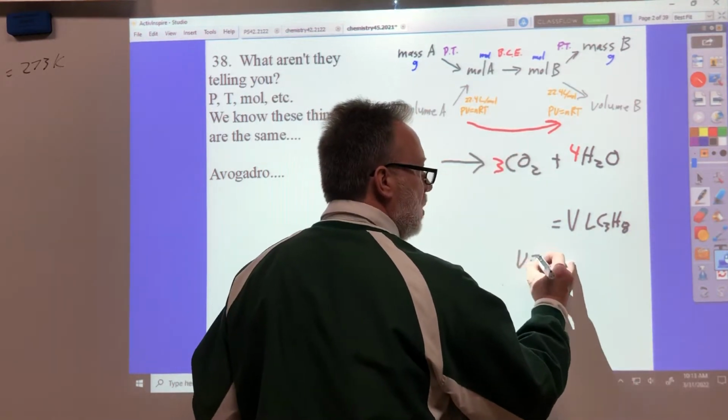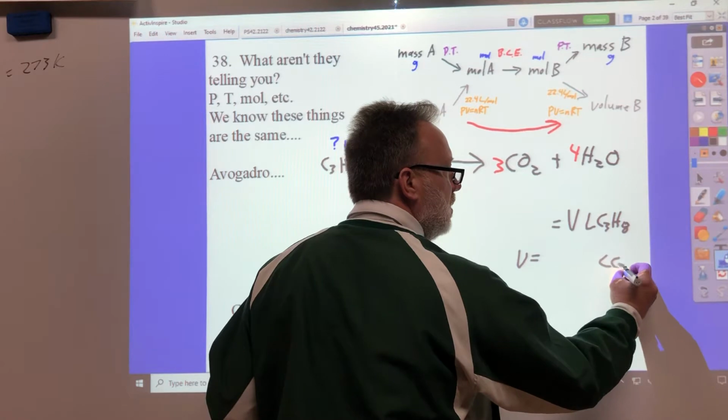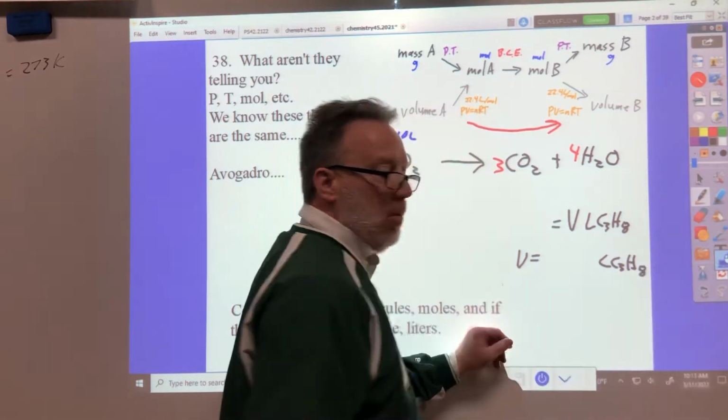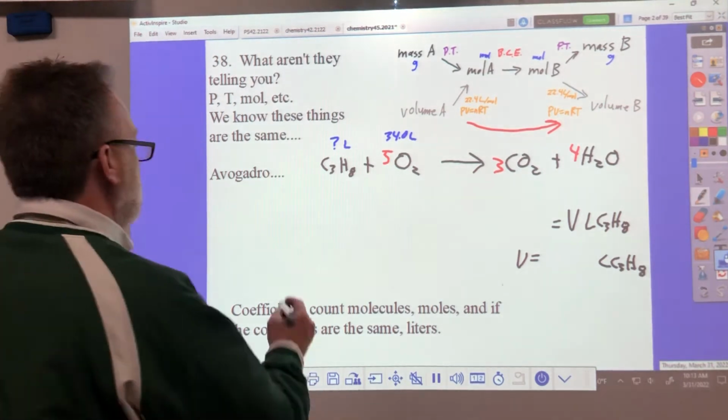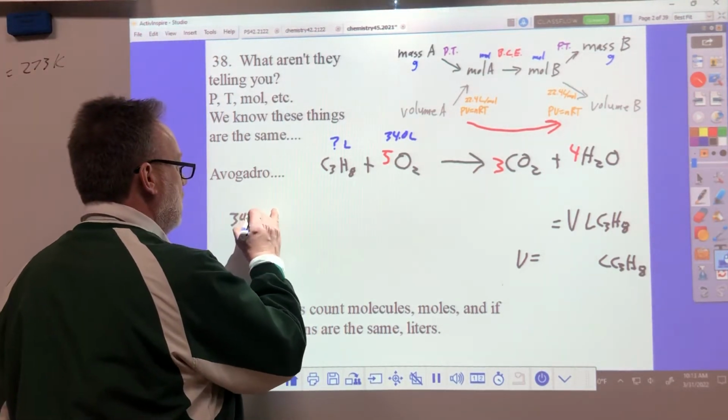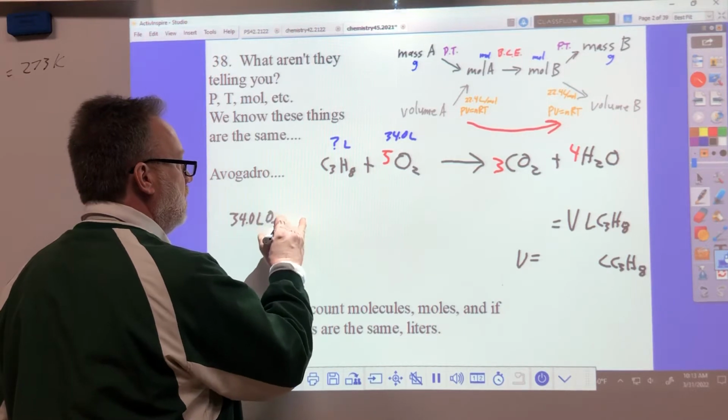So V equals blank liters C3H8. And I'm going to put what we know. And we have 34 liters of oxygen gas, O2 over 1.